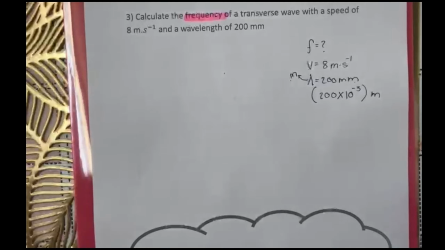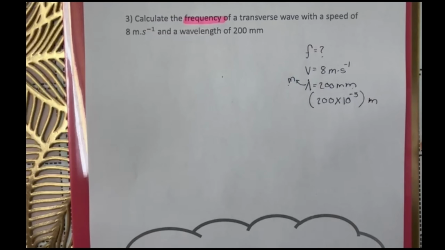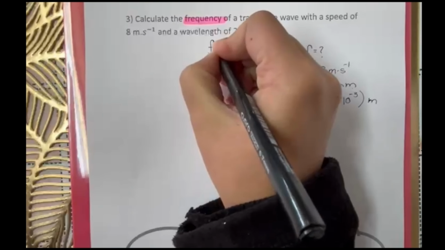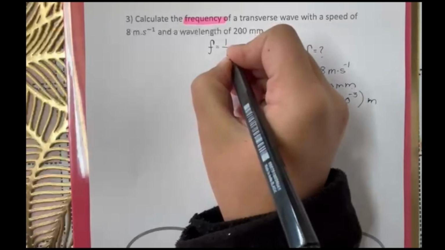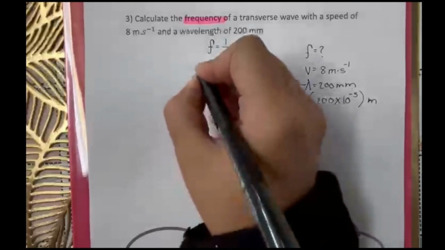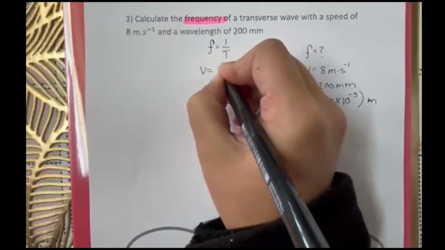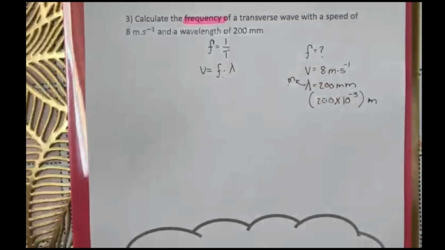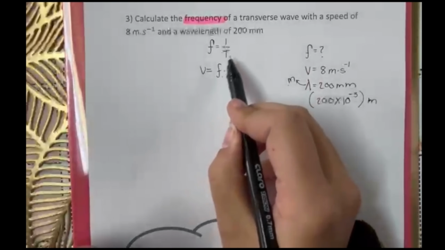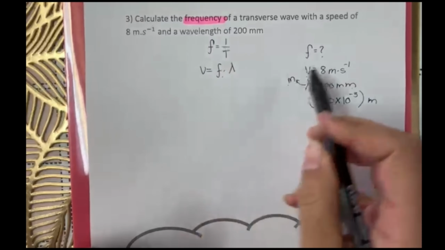So we know by now that there is obviously a second formula on how to calculate frequency as well. But what is the first one that we know of? Frequency is equal to 1 over period. The second one is speed is equal to frequency times wavelength. So what information do I have? Do I have any information about the period?